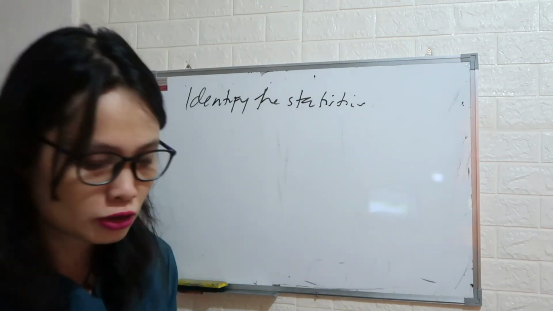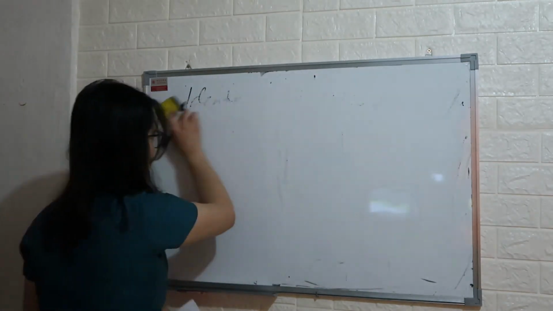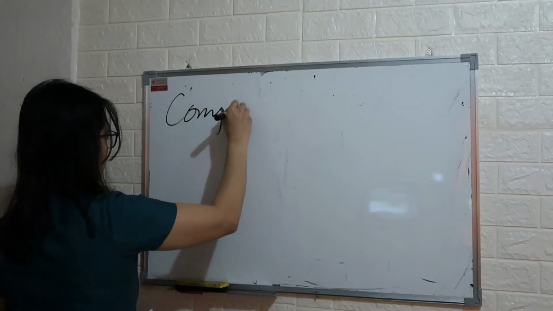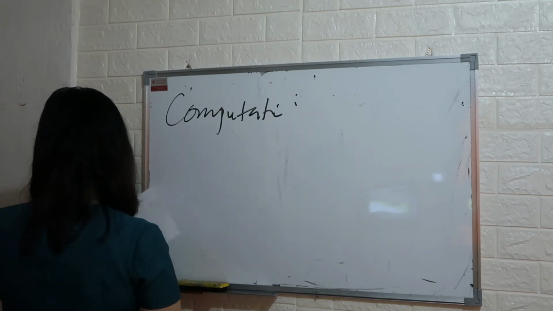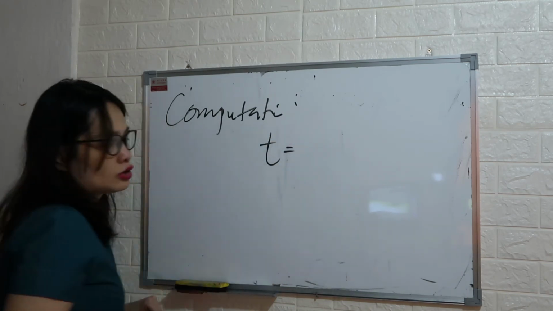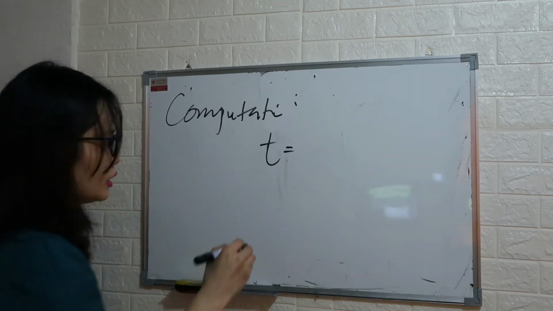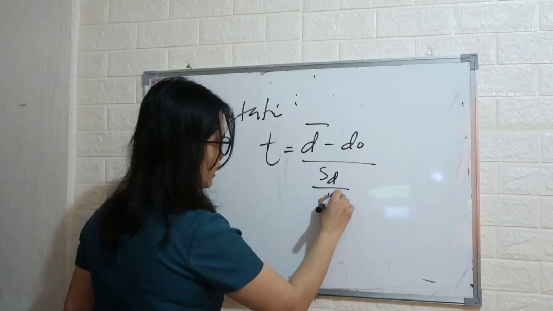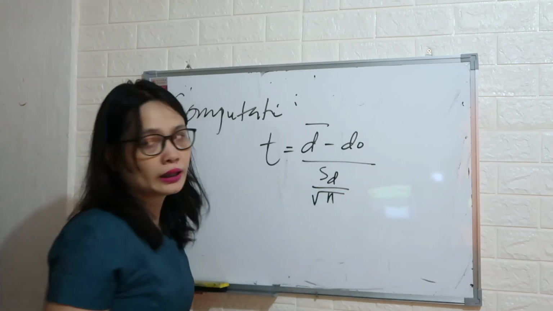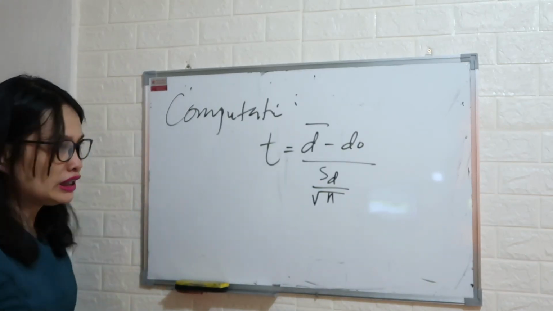So next, we need to solve now. Computation. To solve for the T value, the formula is the mean difference minus d sub o over the standard deviation over square root of n. So what would be your mean difference?